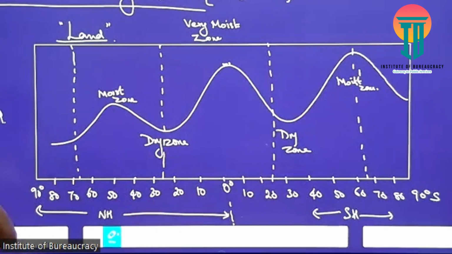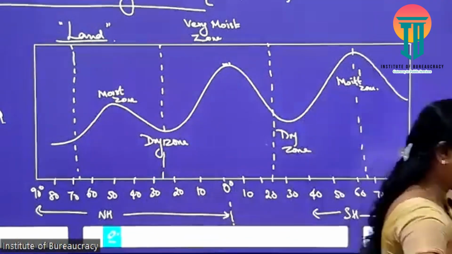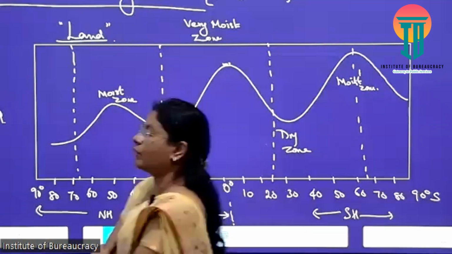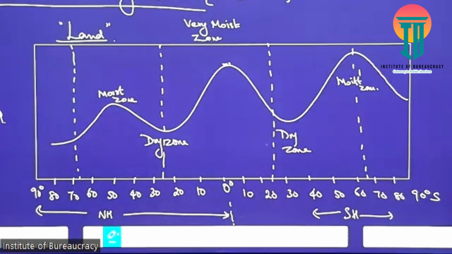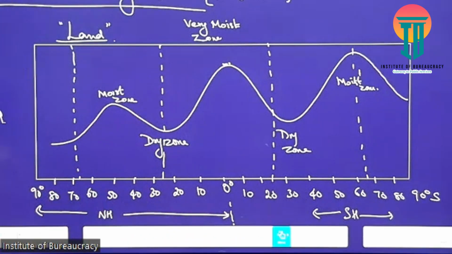So there is a land dominated sphere, therefore the rate of evaporation decreases, thereby affecting the relative humidity position. This is the zonal distribution. Diagram done.